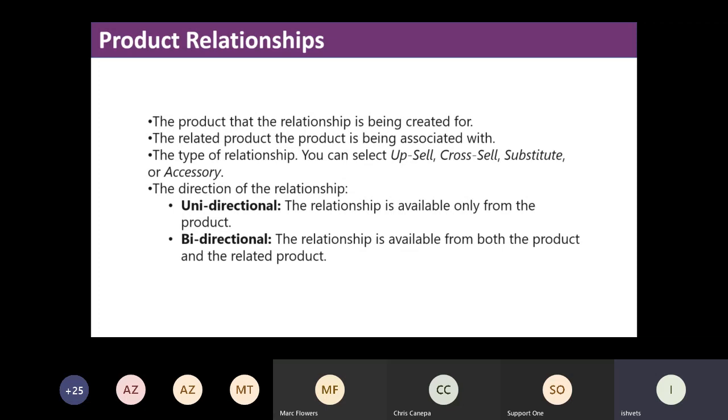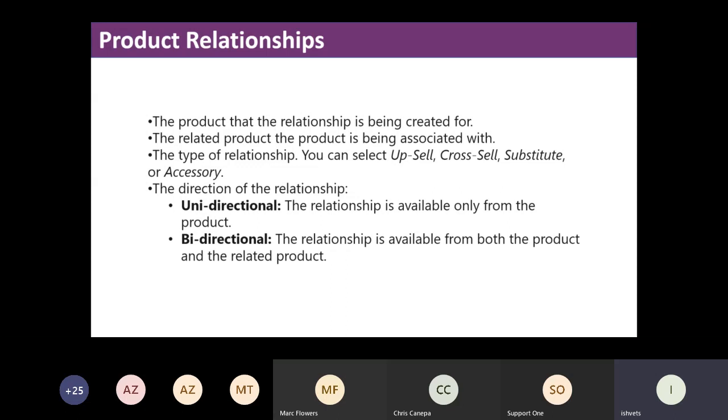You can configure all this beforehand inside the Dynamics system, and this will make the salespeople's job much easier and ultimately increase sales and customer satisfaction, right? Because this is what we want to do at the end of the day.